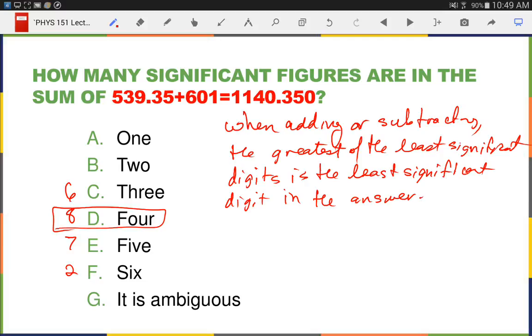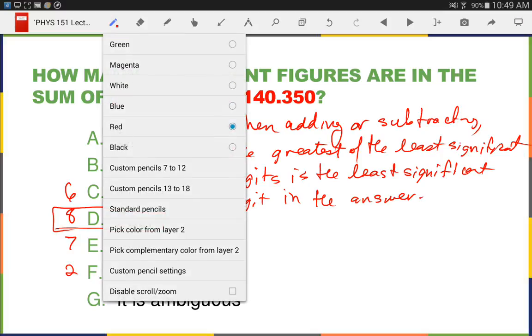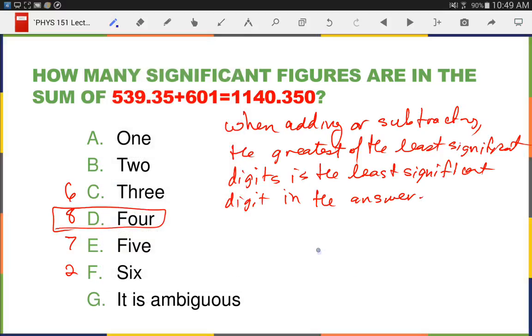Now, those are all the exact words. You could abbreviate like LSD for least significant digit. It makes a lot more sense when you actually show the addition.